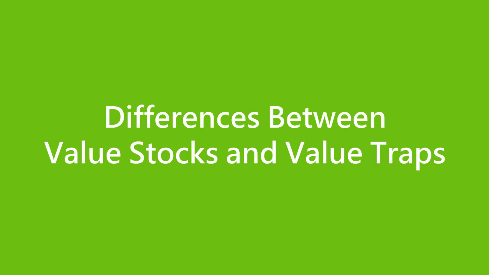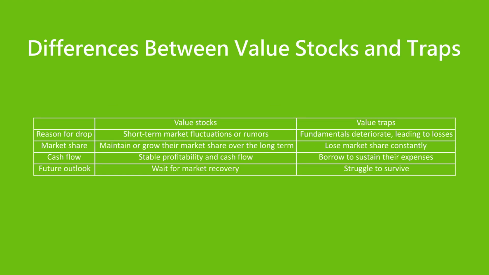While both value stocks and value traps appear to be opportunities with low PE ratios, they have several significant differences. Value stocks may experience price declines due to short-term market fluctuations or rumors, but a value trap occurs when a company's fundamentals deteriorate, leading to losses.